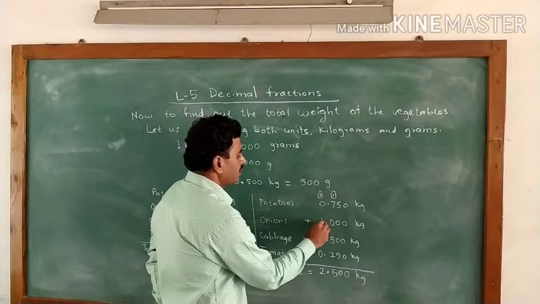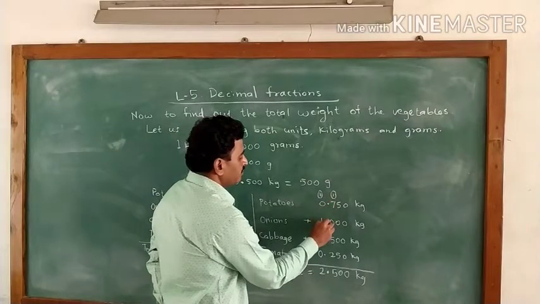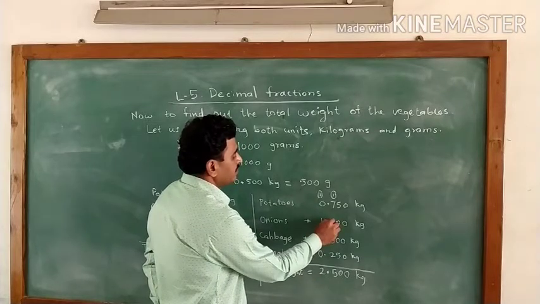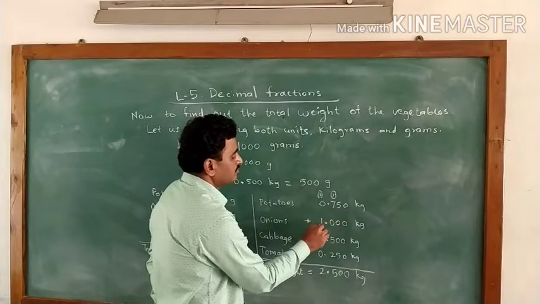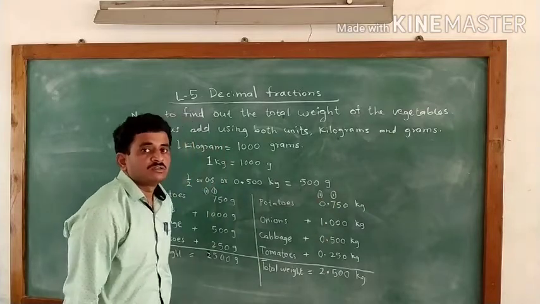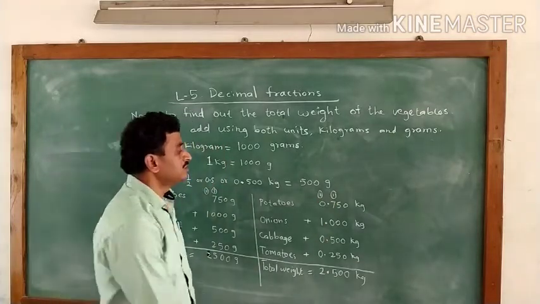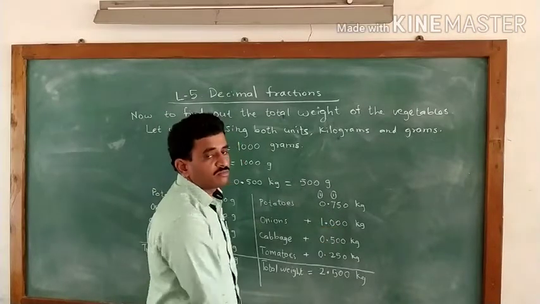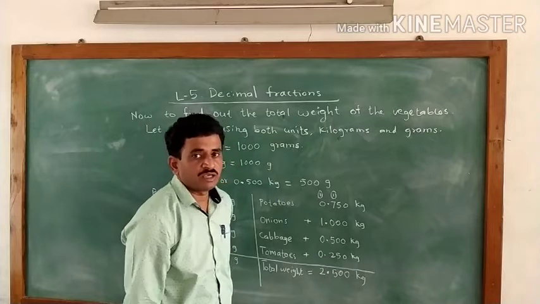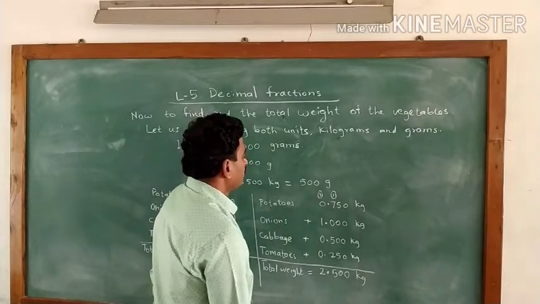So we have to write 1 before the decimal point. We have to write the decimal point, and after that decimal point we can write zeros to equalize all these digits. Below these digits, if there is no number, then we can write a 0.